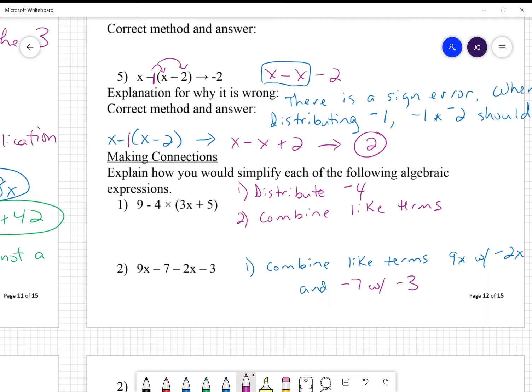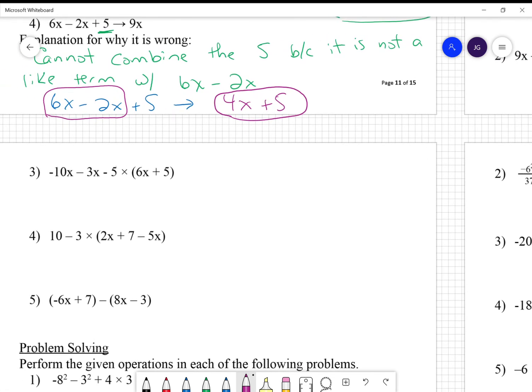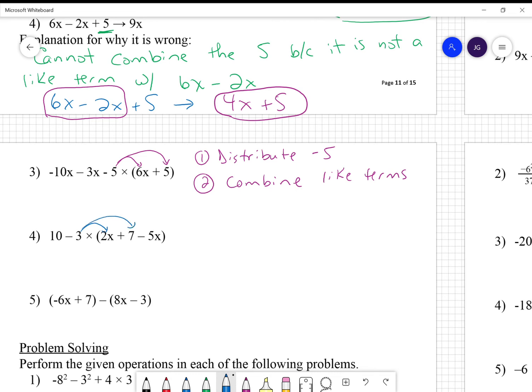Okay, more explain problems. In number 3, I would distribute -5 and then I would combine like terms. In number 4, I would distribute -3 and combine like terms.